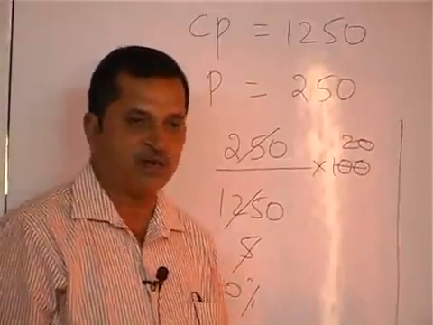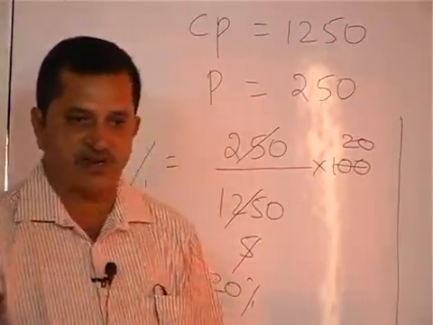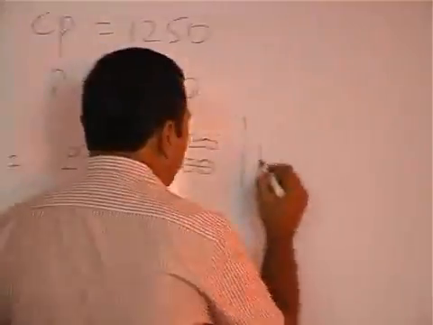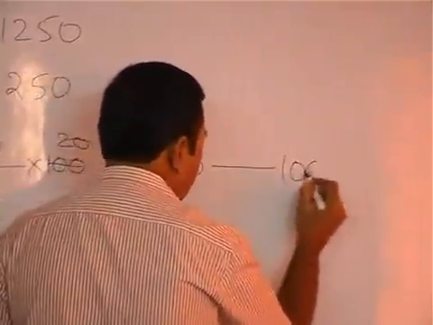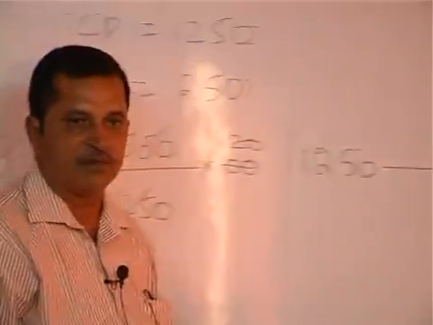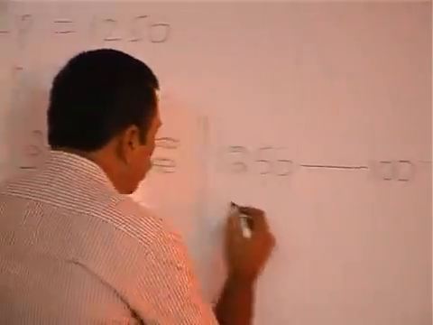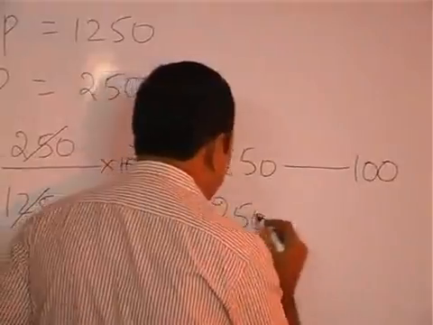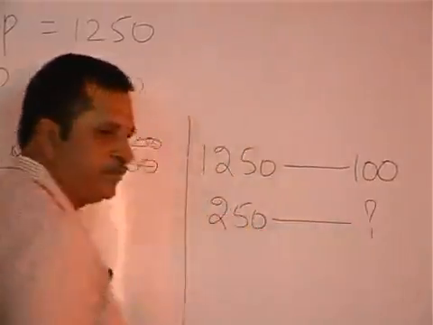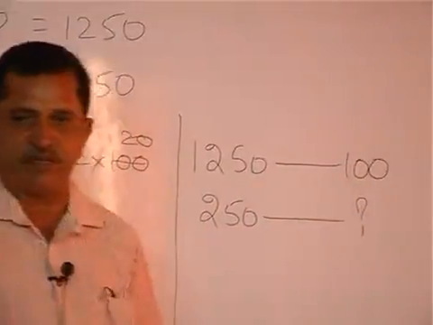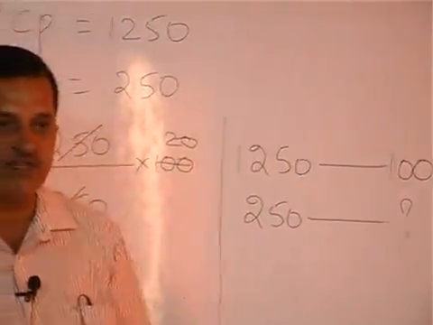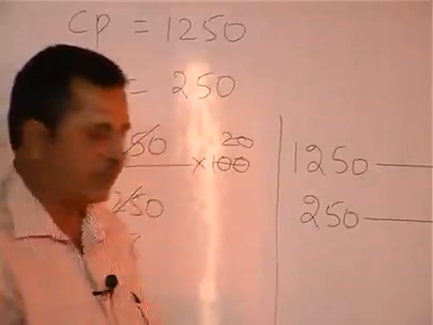Otherwise, what I told, cost price is always 100, is it not? 1250 rupees is equal to 100% of the cost. Then 250 rupees will be equal to what percent? 1250 rupees is equal to 100% means 250 rupees will be less, is it not?